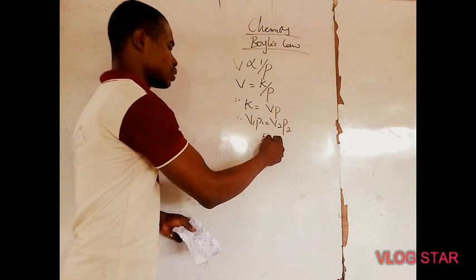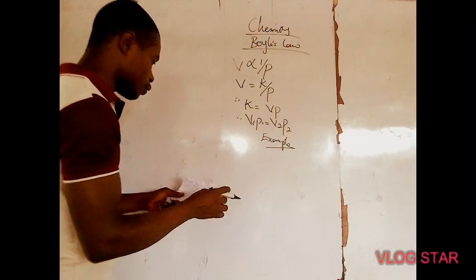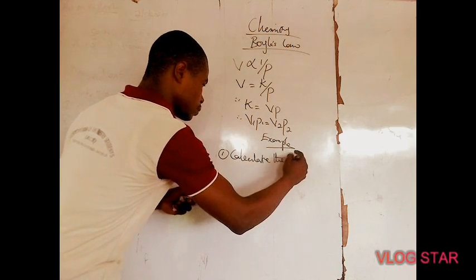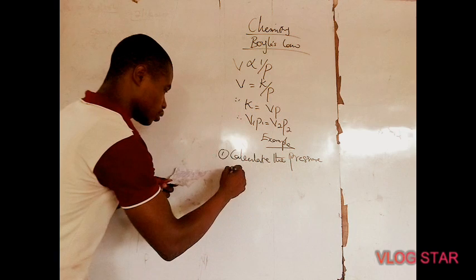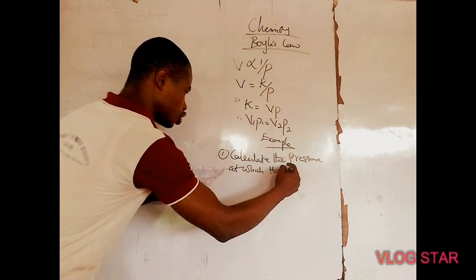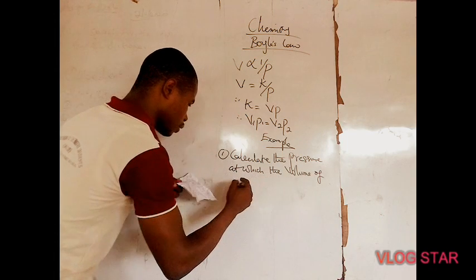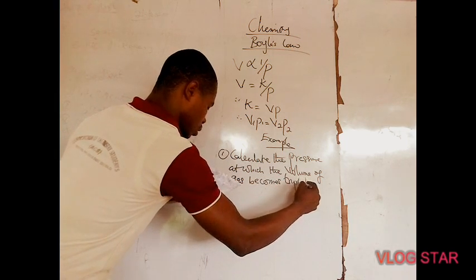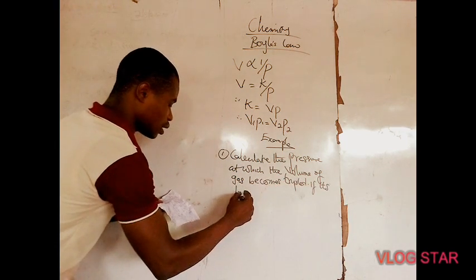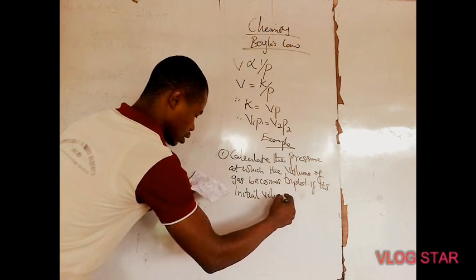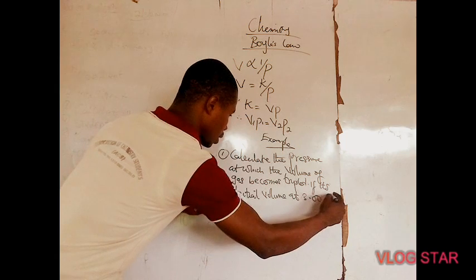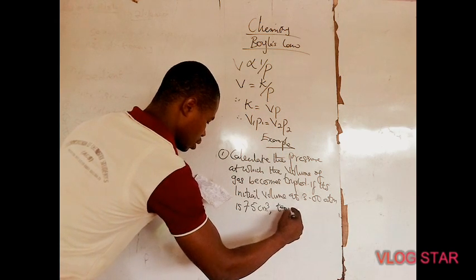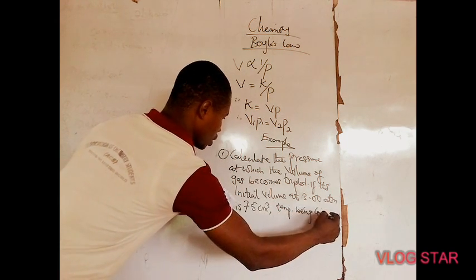Now let's take an example with this. From here we have one particular question which says: calculate the pressure at which the volume of a gas becomes tripled if its initial volume at 3.00 atm is 75 cm3, temperature being constant.